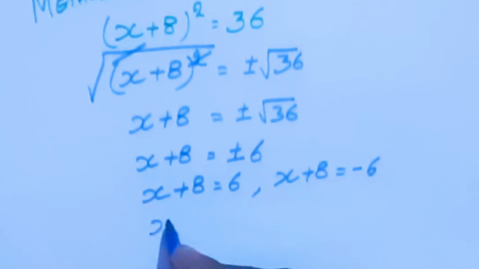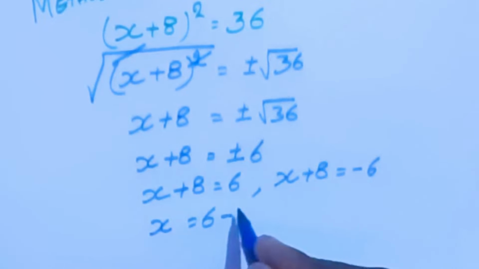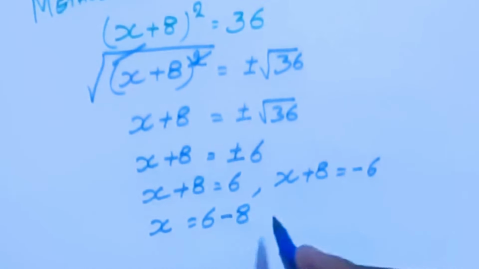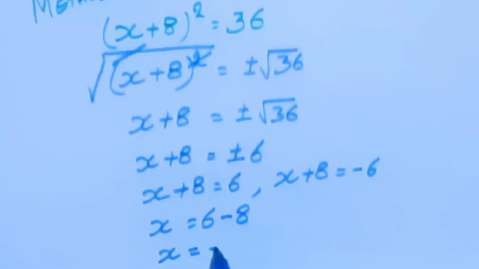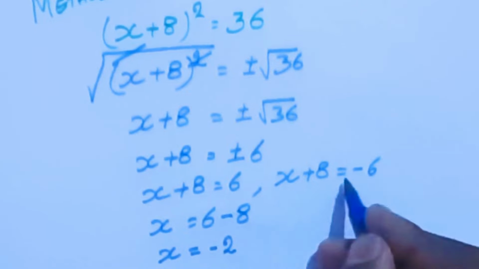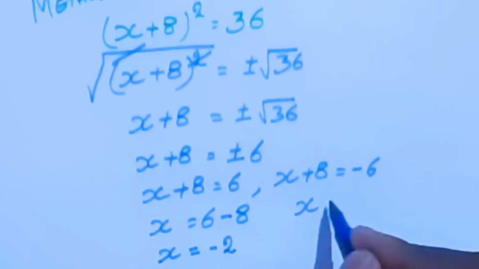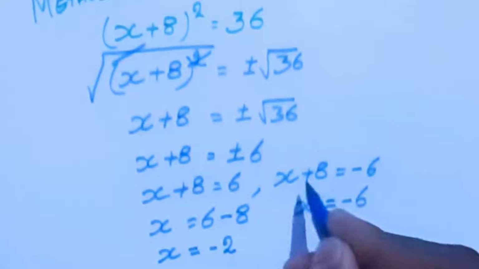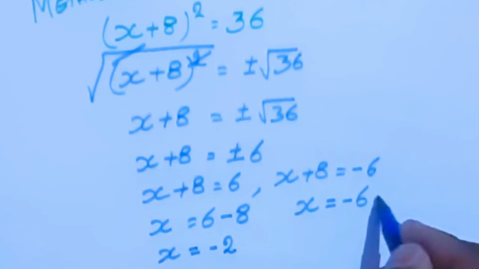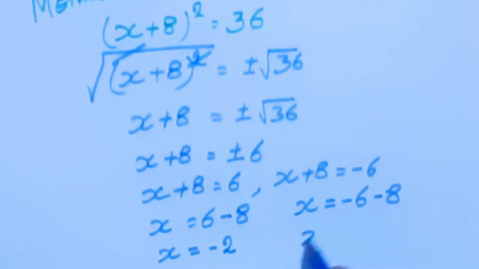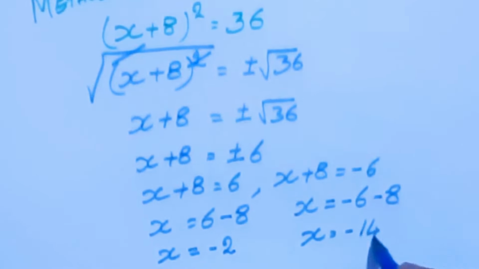Now for x + 8 = 6, this plus 8 comes to the right-hand side as minus 8, so x = -2. Here for x + 8 = -6, this plus 8 comes to the right-hand side as minus 8, so x = -14.